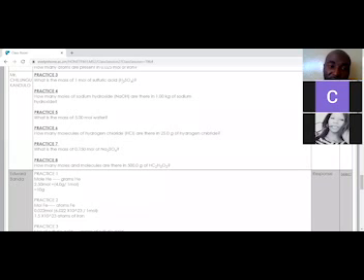Hydrogen is 1, so 2 times 1 is 2. Sulfur is 32. So 2 plus 32 plus 4 times oxygen, which on the periodic table is 16, 4 times 16. The answer is definitely 98 grams per mole.